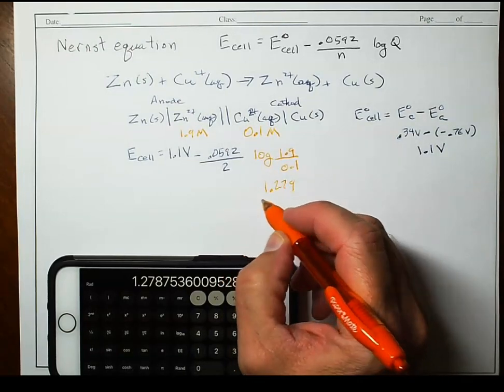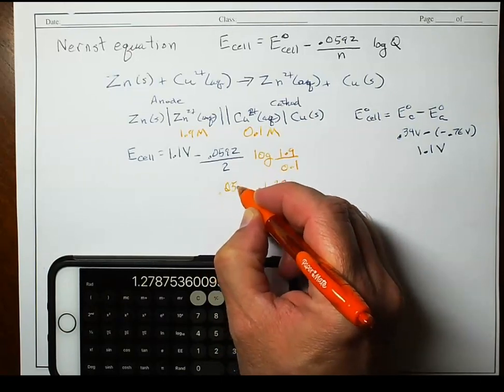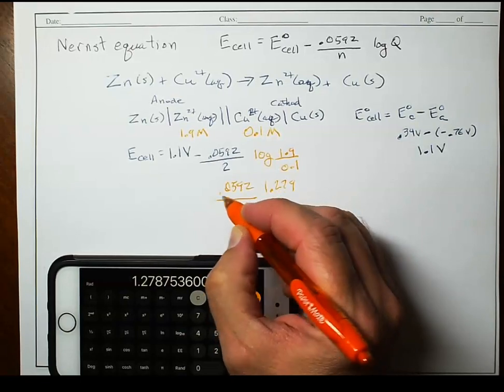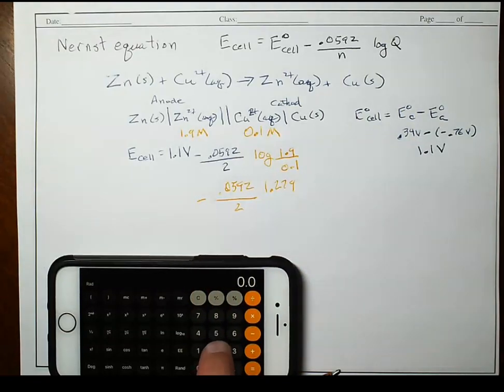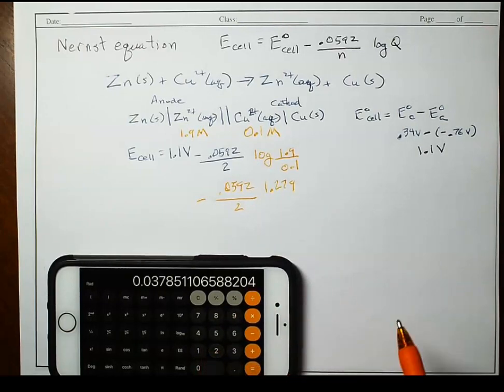We multiply that times the 0.0592 over 2. So we're going to multiply that by 0.0592, and divide that by 2. We're going to get 0.038.